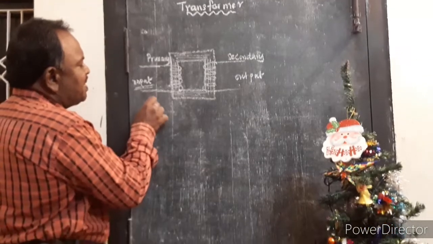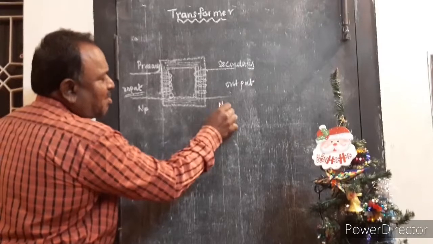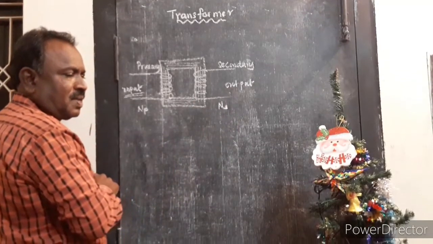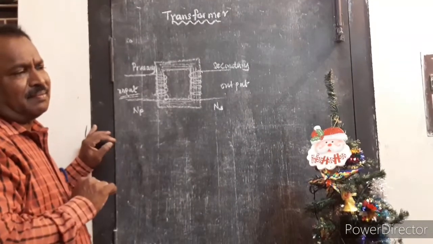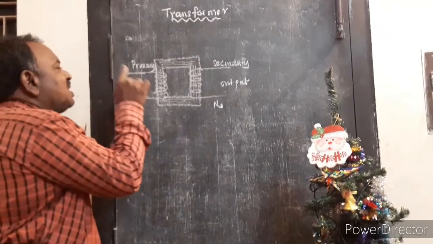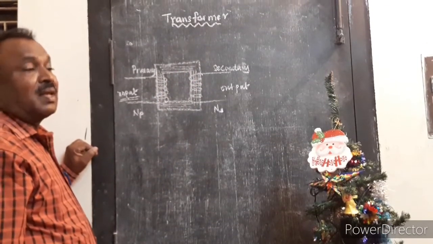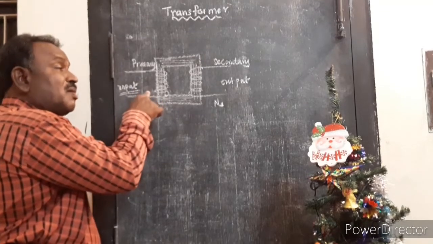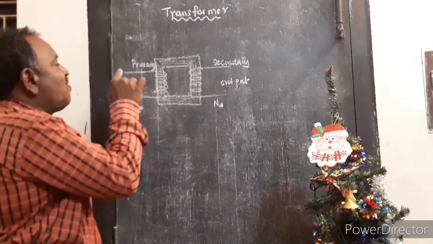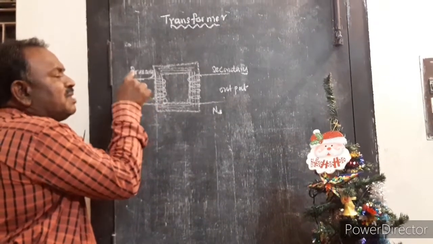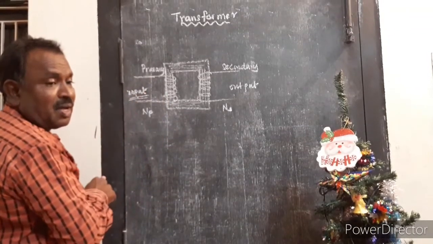Suppose Np is the number of turns in the primary coil and Ns is the number of turns in the secondary coil. If these two coils are tightly coupled, that is, all the flux linked with the primary coil is also linked with the secondary coil, then any change in flux in the primary coil will have the same change in the secondary coil.